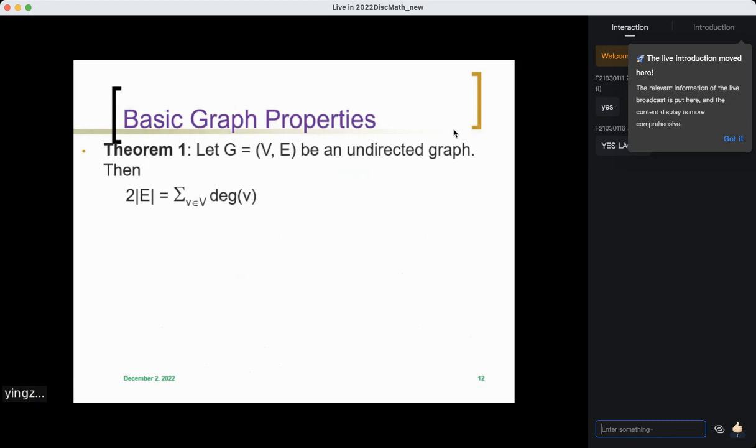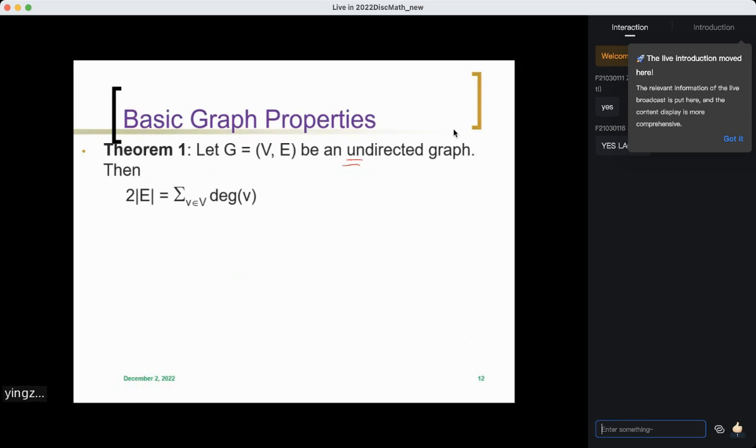And this theory gives the degree, and the edge is the relationship. For an undirected graph, that means we have no direction for each edge, no arrow on the edge.